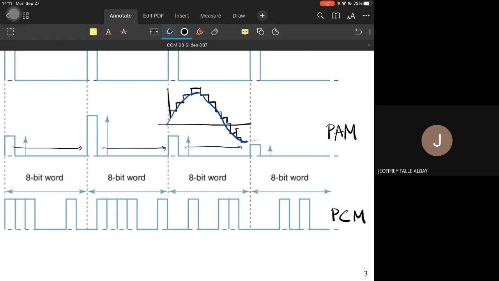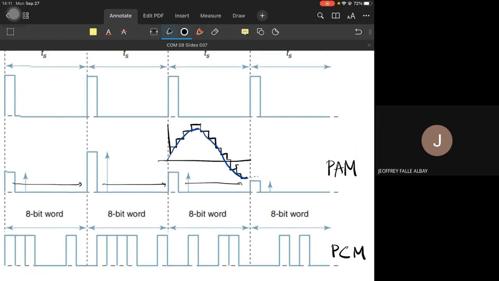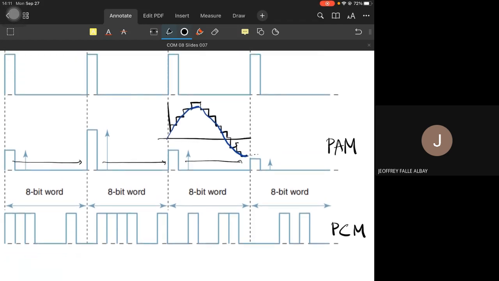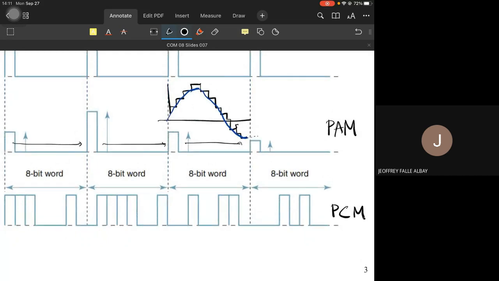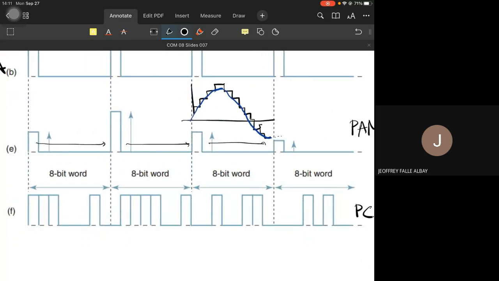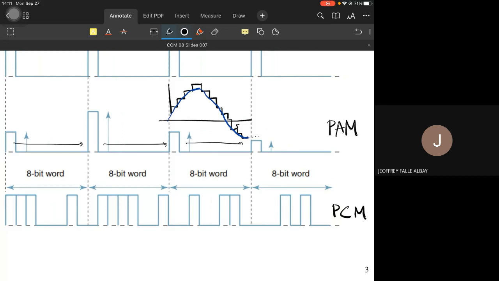What happens is, in a nutshell, PCM is more complex compared to PAM, PPM, and PWM. But again, it is more widely used than the other three, for various reasons.